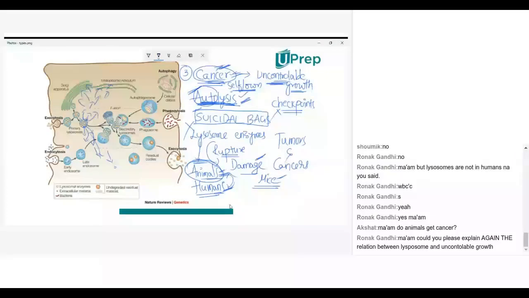Yeah, fine. See, when growth happens in the body, it has to be controlled. If it goes without control, assume that this is a cell. If the cell divides, we'll get daughter cells. Like that, you will be getting numerous cells.